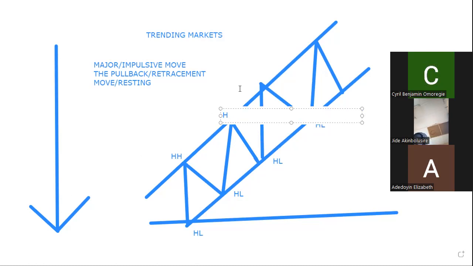Support is any zone where buyers have come into the market in the past and pushed the prices up.